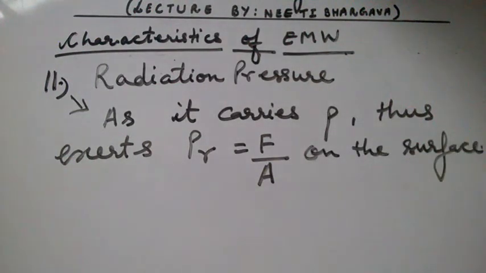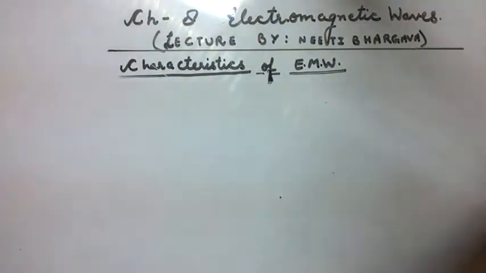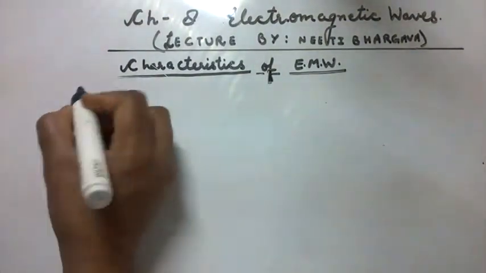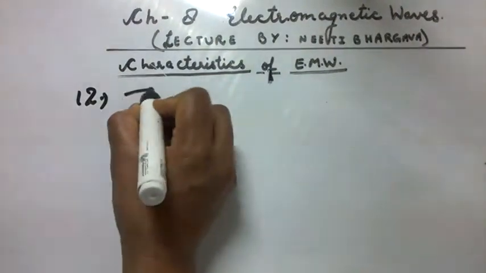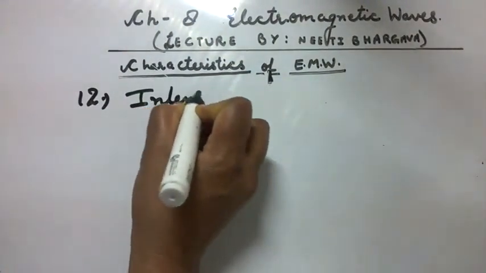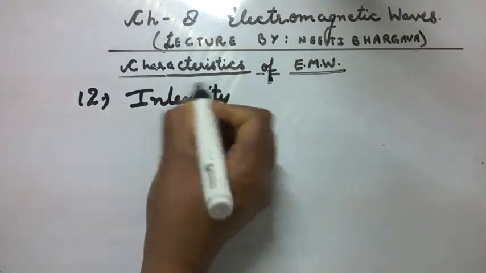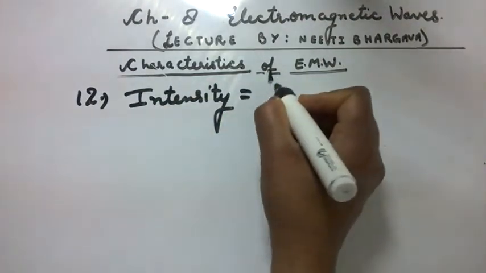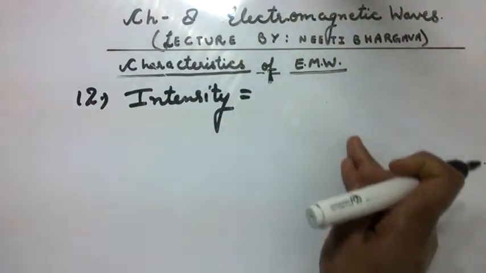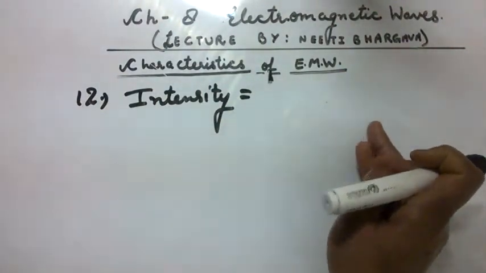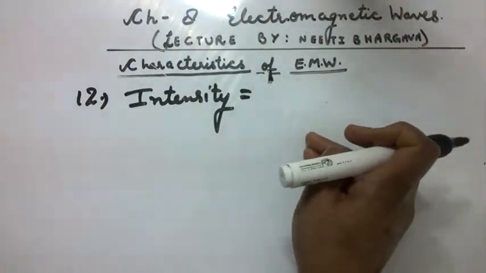Now the next characteristic is the intensity of an electromagnetic wave at a point, which is equal to the energy passing through a surface perpendicular to it per unit area per unit time.